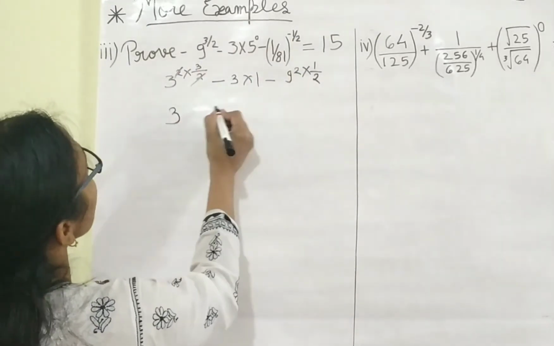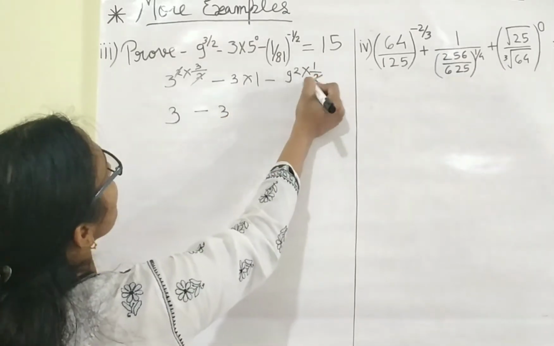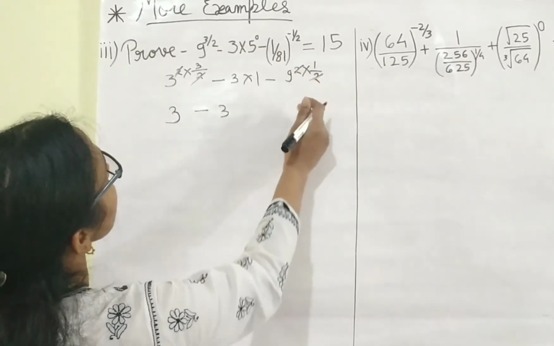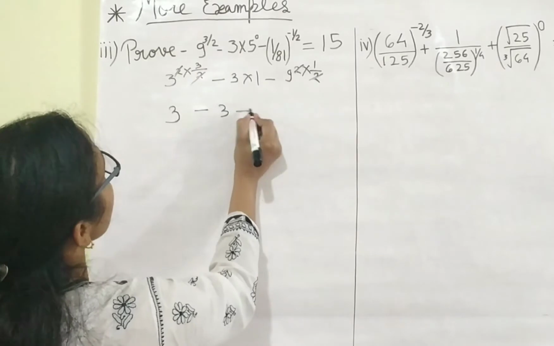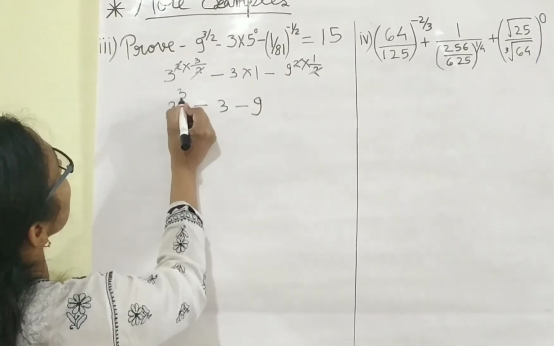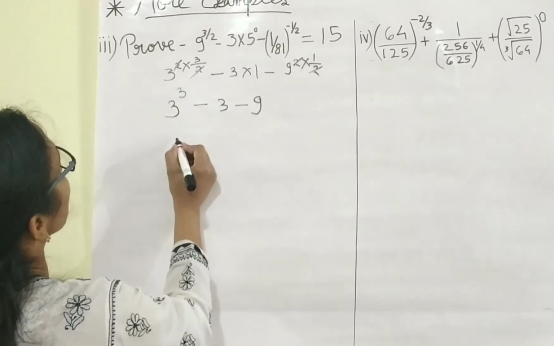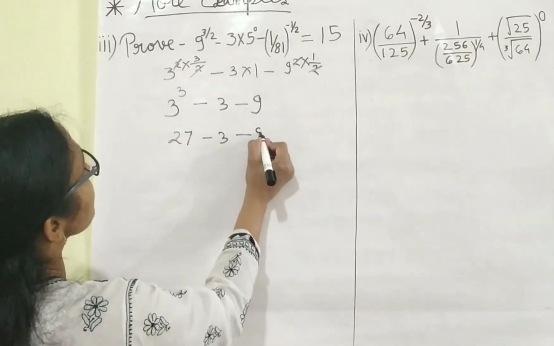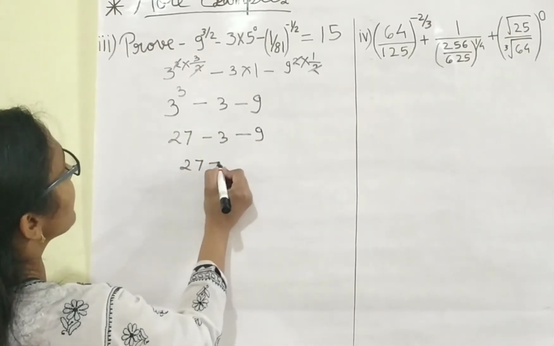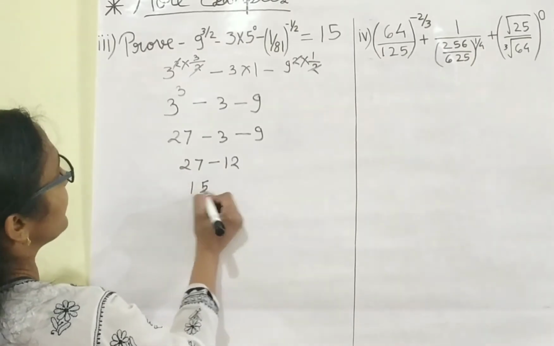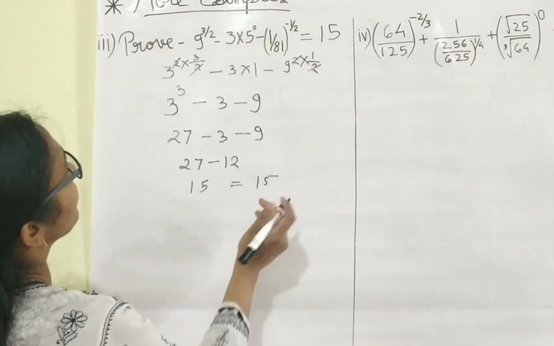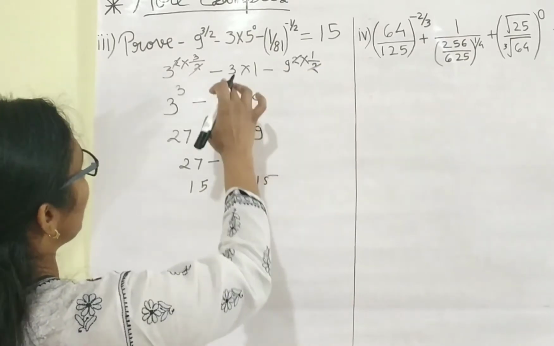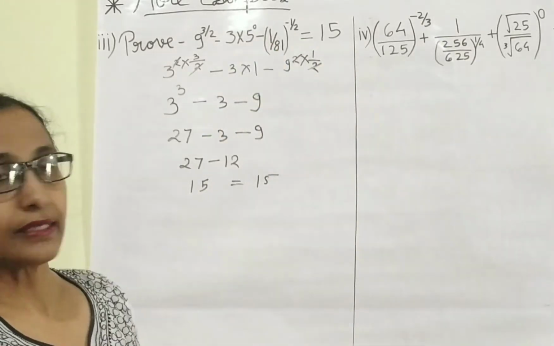So 3 will be left, minus 3, 2 will be cancelled, minus 9 power 3. So it will become 27 minus 3 minus 9, 27 minus 12, 15 equals 15. So we have proved that LHS equals RHS.